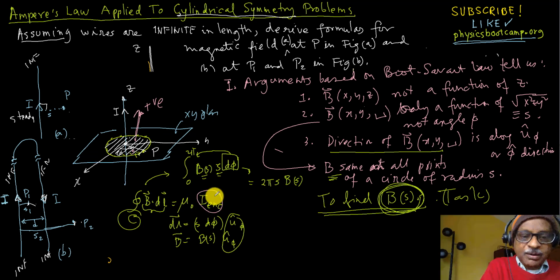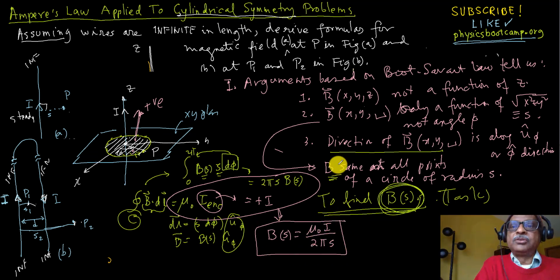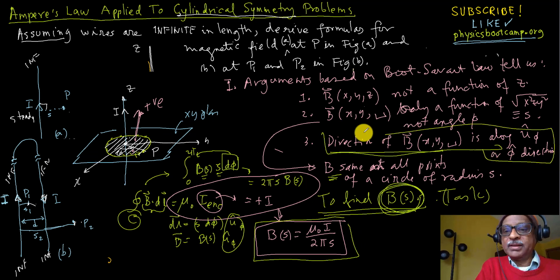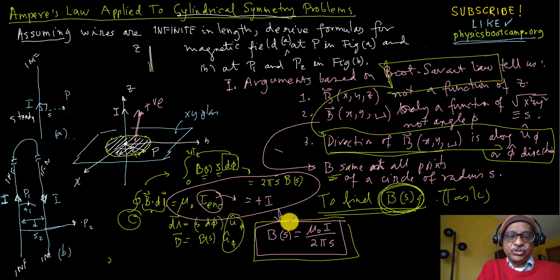And so over here, this is just equal to positive I. So together, you can see that the magnitude of B is equal to mu naught I over 2 pi s. So we got the magnitude here, and we got the direction here. We got the direction from the Biot-Savart law, and the magnitude we got from Ampere's law.